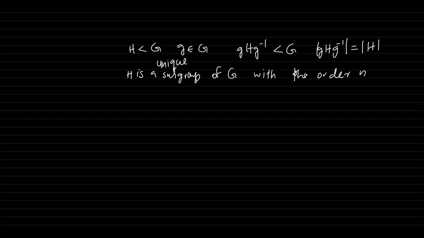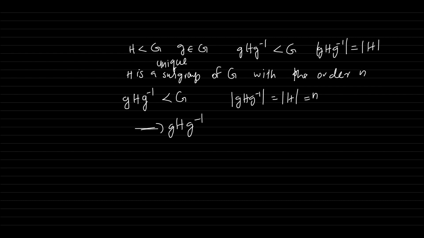We have proved that for any g in G, gHg inverse is a subgroup of G, and the order of gHg inverse is equal to the order of H, which is n. So this implies that gHg inverse is a subgroup of G of order n.